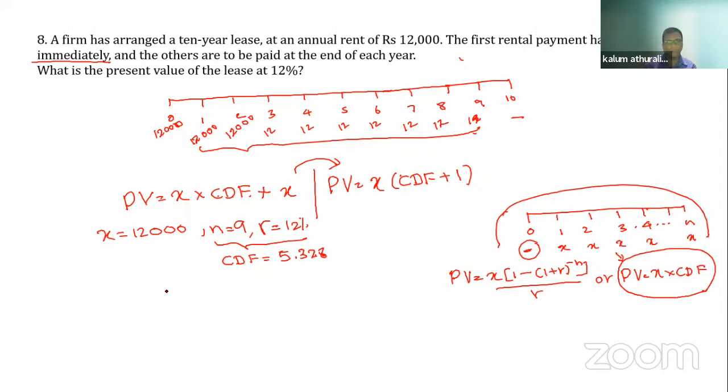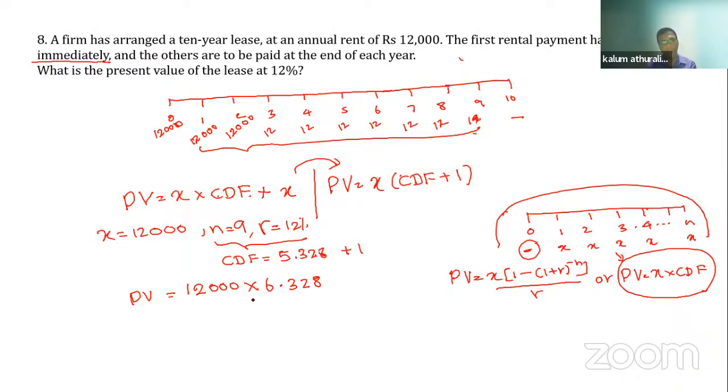Right. Then PV equals x, which is 12,000, times the CDF. We add 1 to it. Using the table, you can get 5.328. Then add 1.